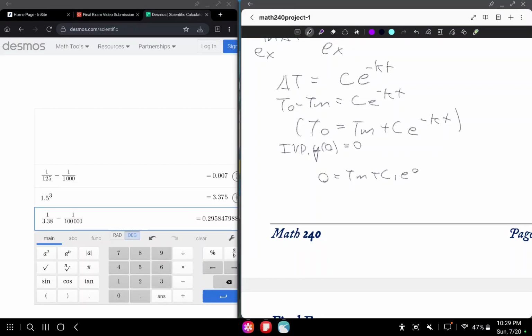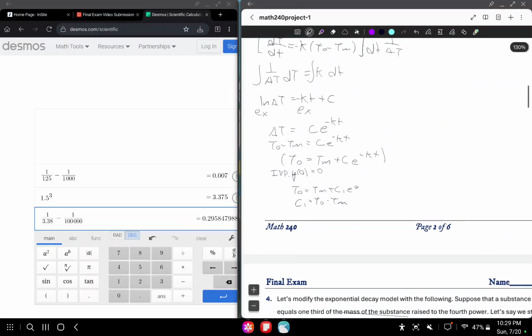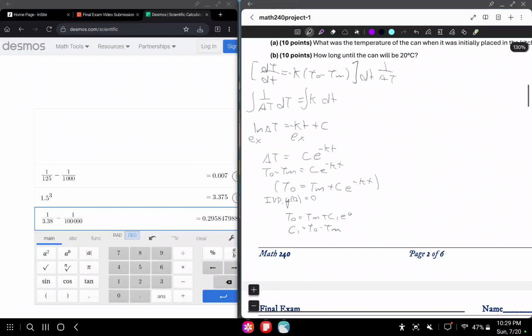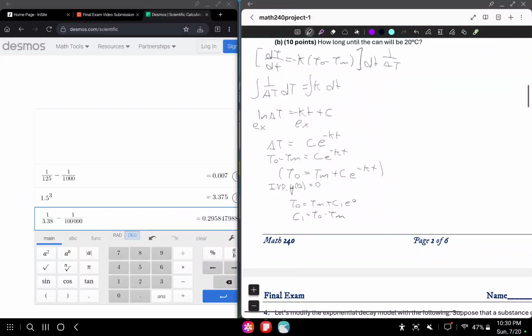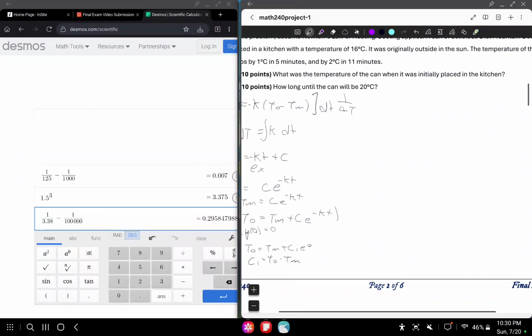So C1 equals T0 minus Tm. Yeah, that checks out.